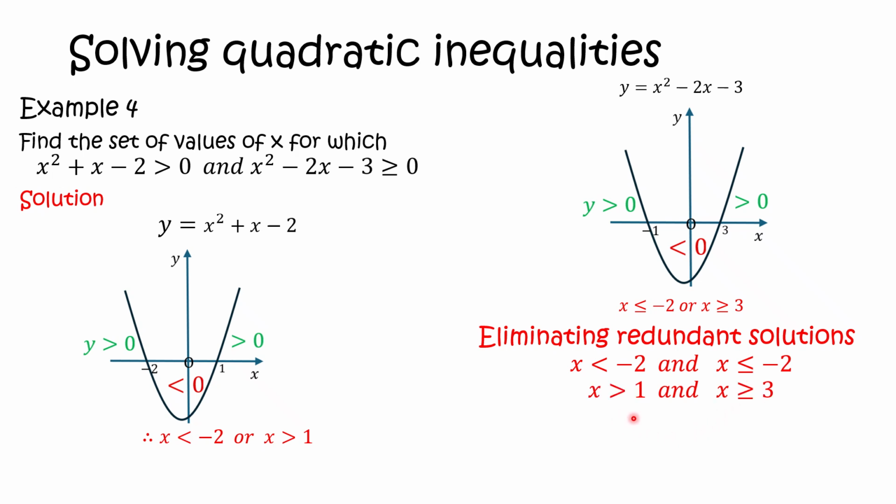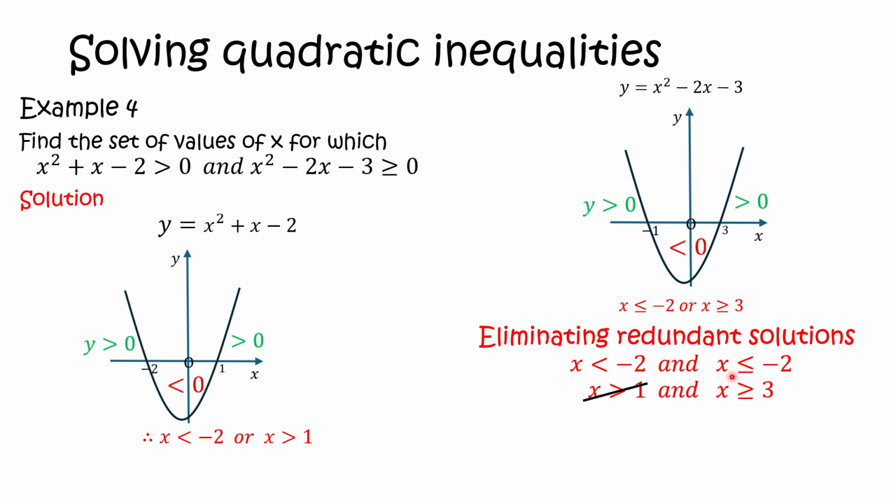We also consider x is greater than 1 and x is greater than or equal to 3. In the second bit, we see that x is greater than 1 is only useful for one inequality. It cannot satisfy the other one because the other one starts from 3. So what we have in common are values from 3 onwards. So we eliminate x is greater than 1.